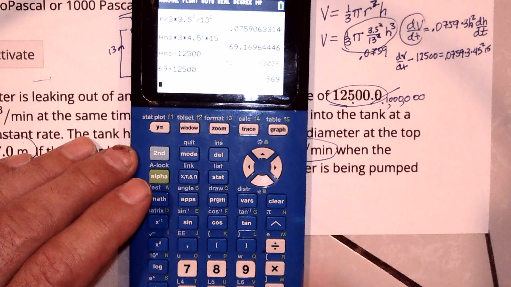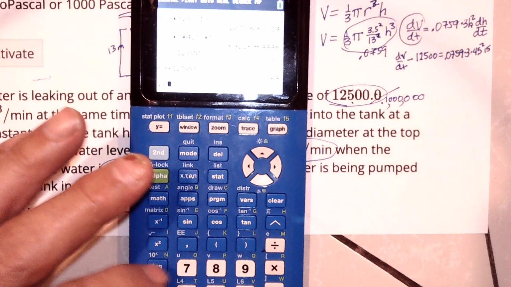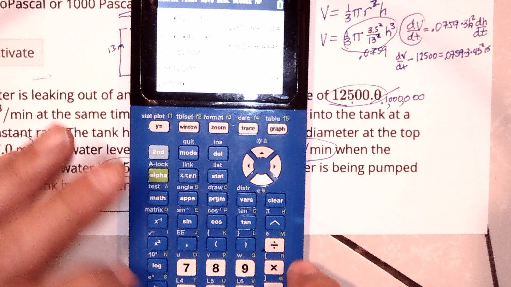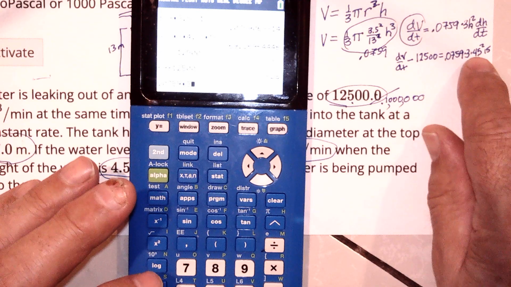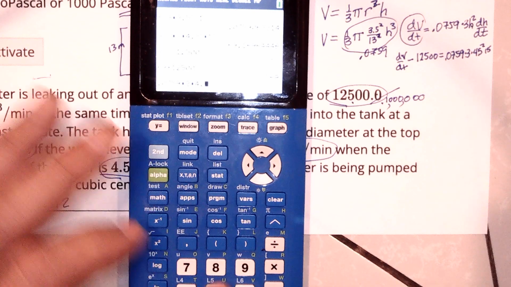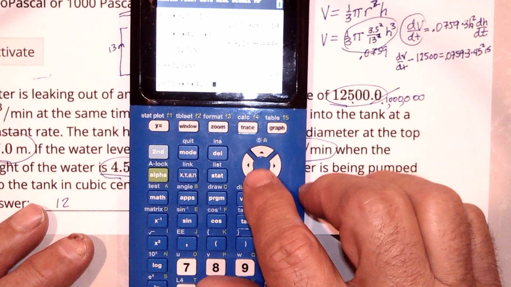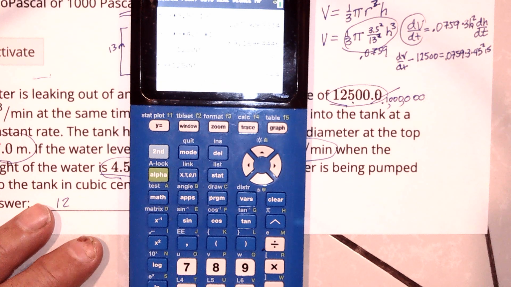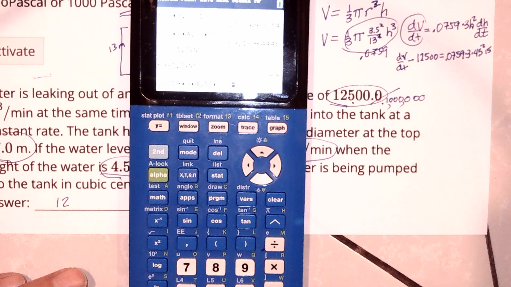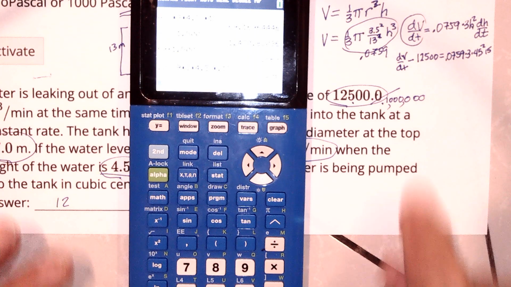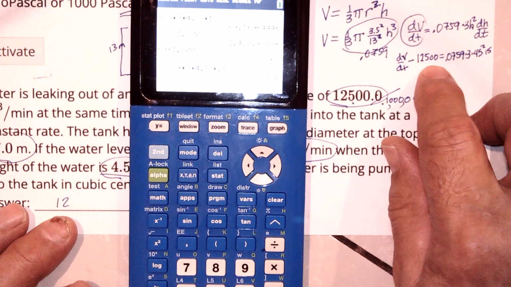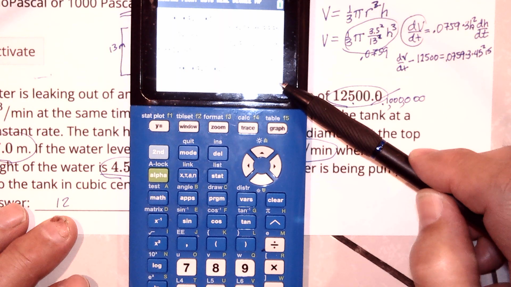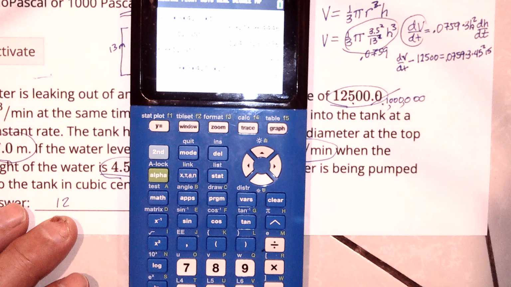Clear. 0.0759 times 3 times 4.5 squared times 0.15 meters, and that's how many cubic meters it takes to raise the water.